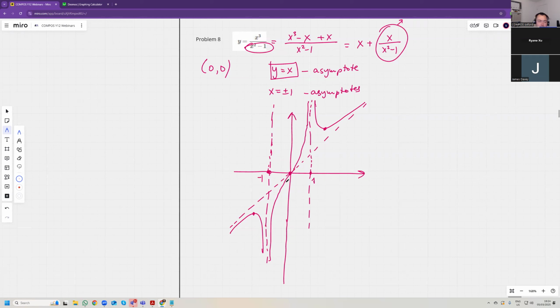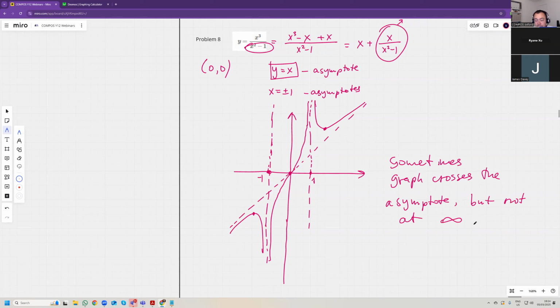Now, somebody had probably told you, what is an asymptote? An asymptote is a line that the function gets close to but never crosses. That's not a very good definition because sometimes the graph does cross the asymptote. It just doesn't cross it at infinity, right? So sometimes the graph crosses the asymptote, but not at infinity.